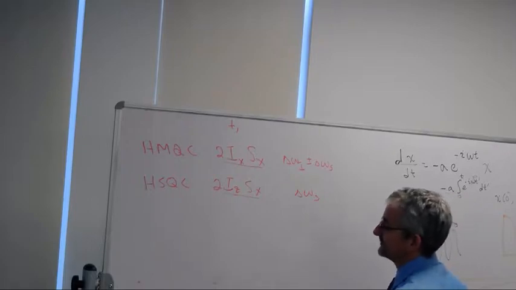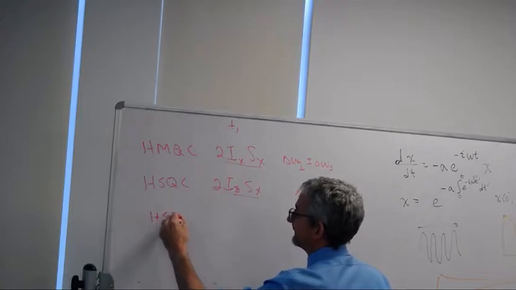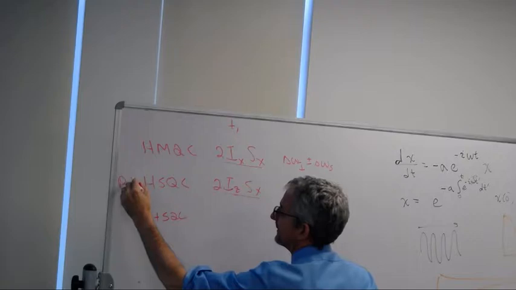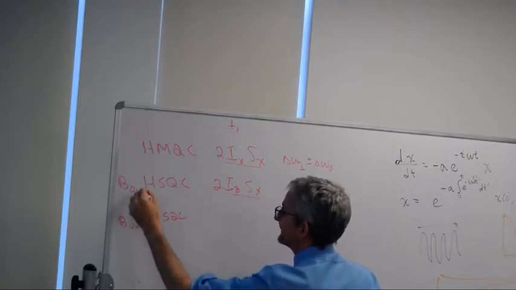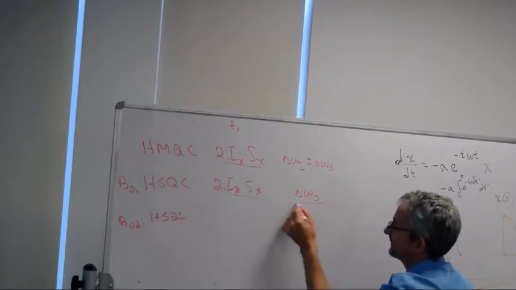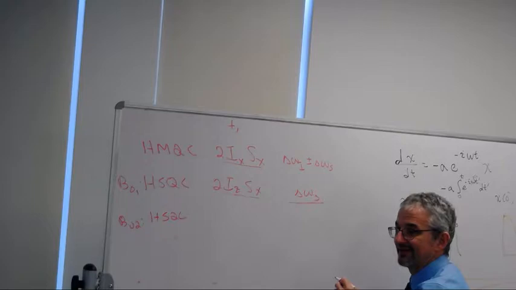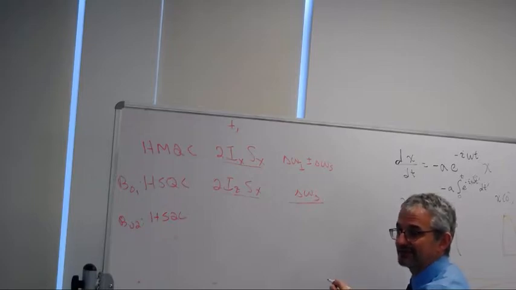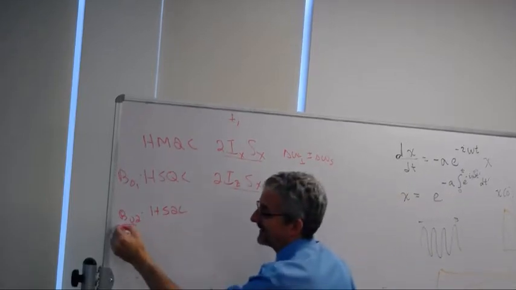The other approach is to take HSQC experiments at two different magnetic fields, and because delta omega S will depend on the field, the shift due to this chemical exchange effect, the shift in the resonance position, will depend on the magnetic field.